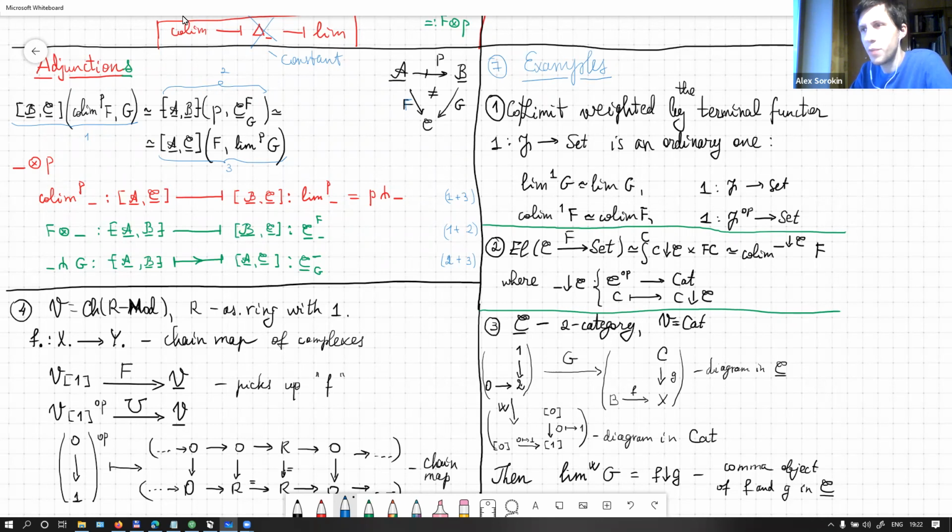As you see here, I put blanks in C, but these blanks will take not an argument in category C, but a functor which has its codomain in category C. So here goes functor G in this spot, and here in this spot goes functor F. So from formulas 1, 2, and 3, we derive 3 adjunctions, 2 covariant and 1 contravariant.